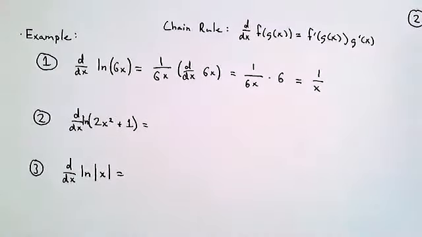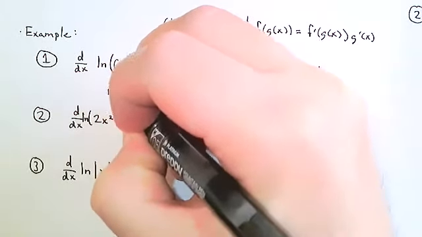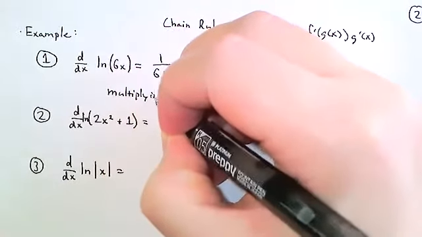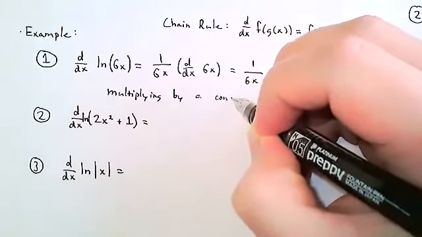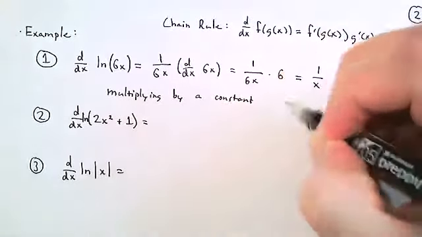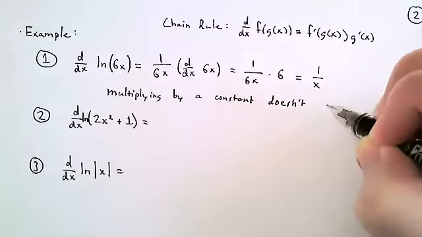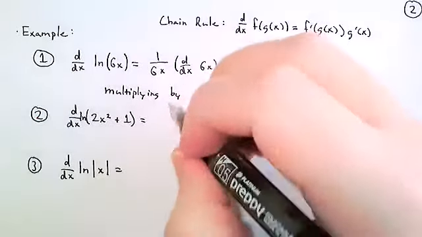So that's the takeaway. So multiplying by a constant doesn't affect the derivative.